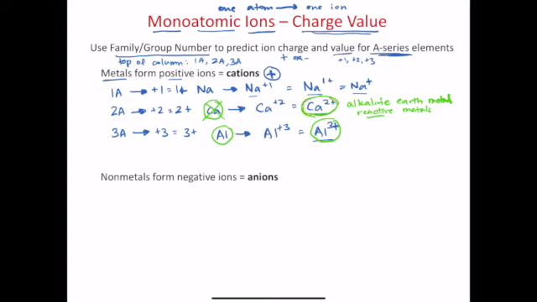And that's definitely true about family 1A. So family 1A are the alkali metals. And these were very reactive metals. You're not actually going to find sodium easily in nature because it's reacted and it has formed this 1 plus or +1 ion.